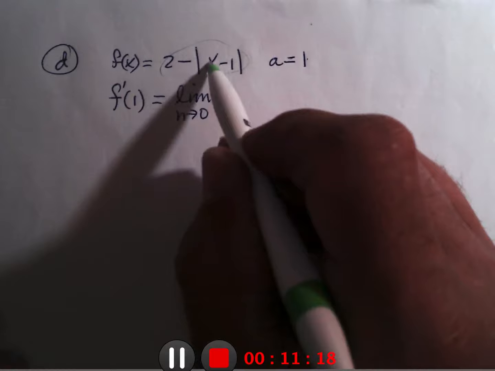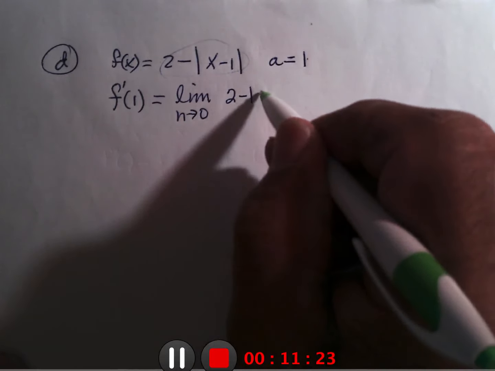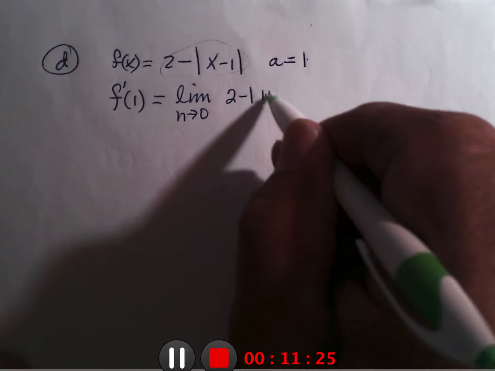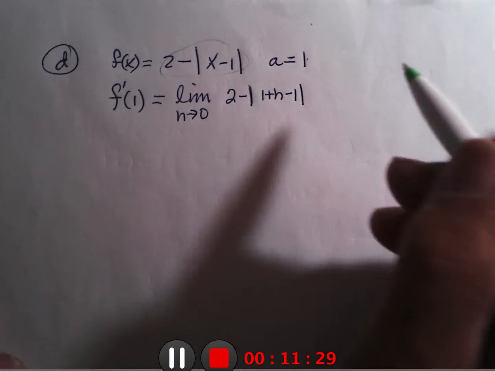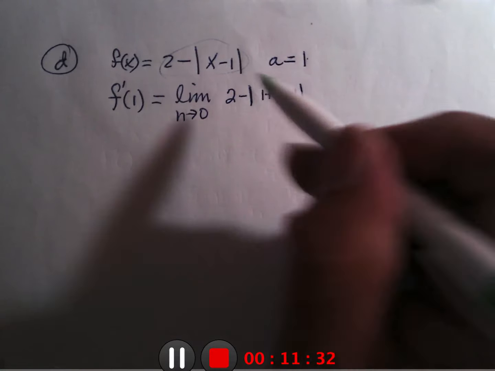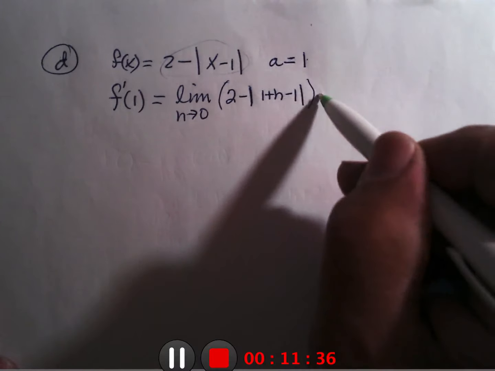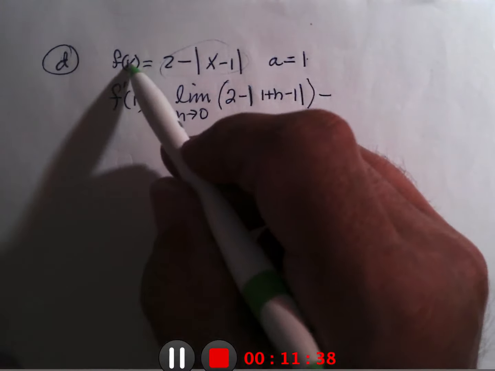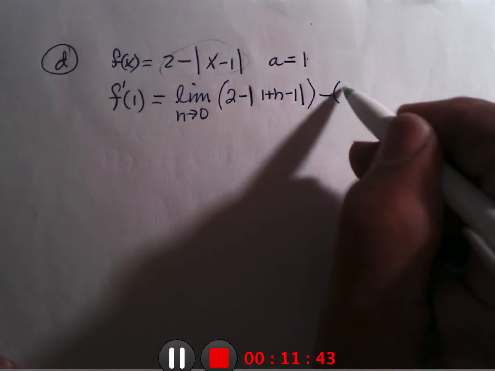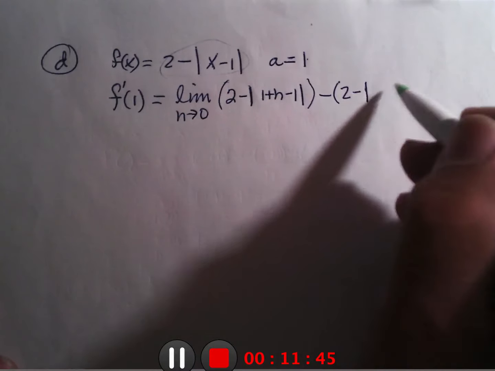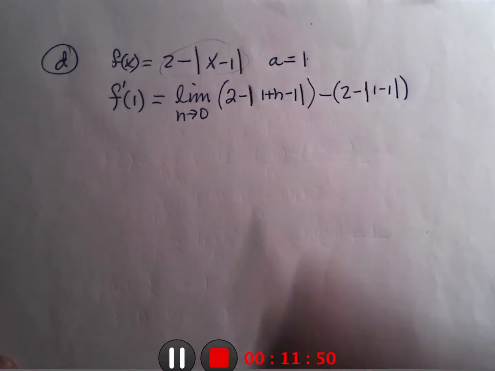So we've got 2 minus the absolute value of 1 plus h minus 1. This is a little confusing because the 1's look like absolute value. All of that minus f of 1, which means I put 1 in here. So I get 2 minus the absolute value of 1 minus 1 all over h.